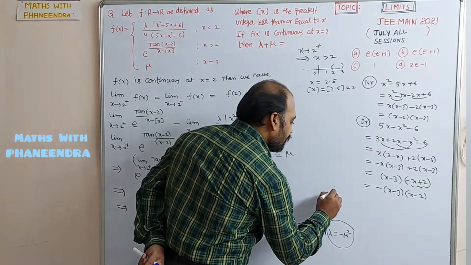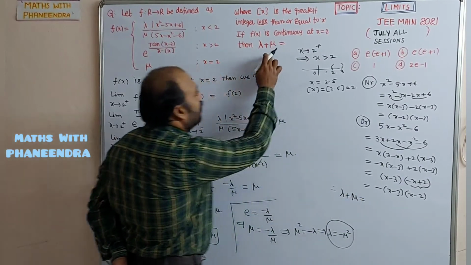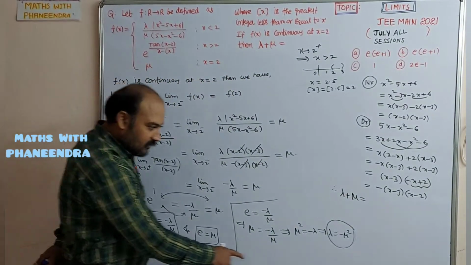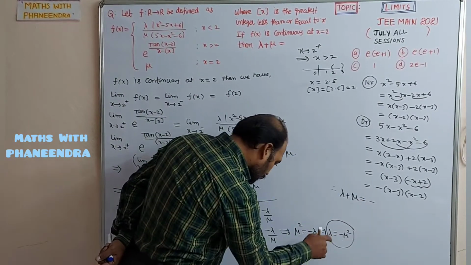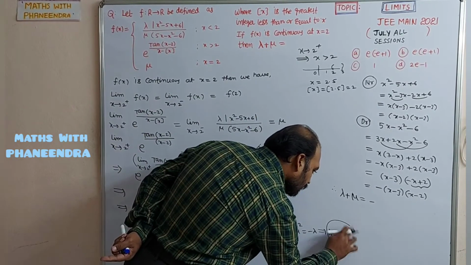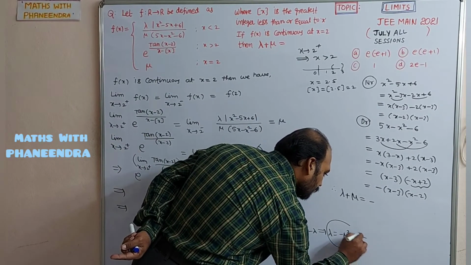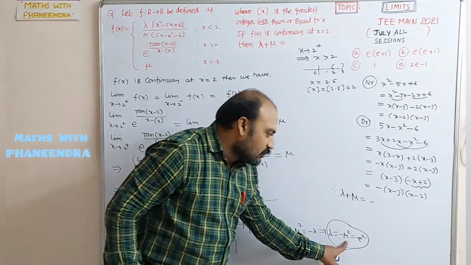Therefore, come to the question, lambda plus mu is equal to minus mu square plus mu. Lambda is equal to minus mu square, and mu is equal to e only, so that is equal to minus e square.